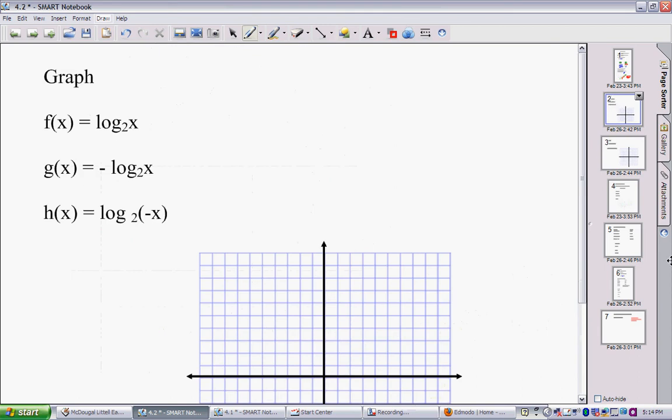So, if we need to graph by hand, suppose we have f of x equals log base 2 of x. So let's set it equal to y and put it into an exponent. So 2 to the y equals x. So we're going to make a table of values. Y is in the exponent spot, so we're going to write x's using 2 to a power for easy calculations. So let's start at 1.